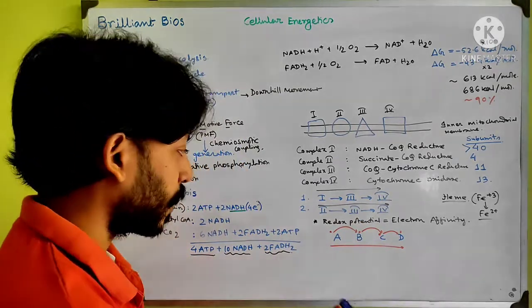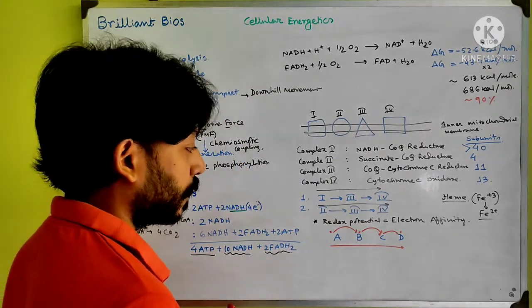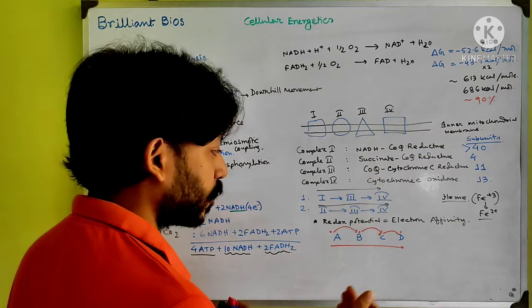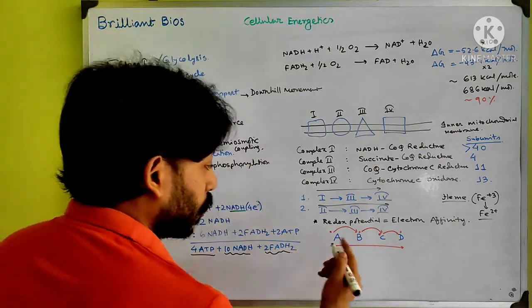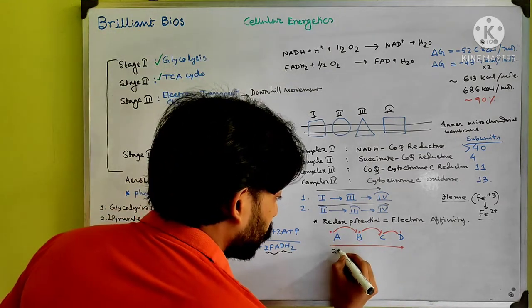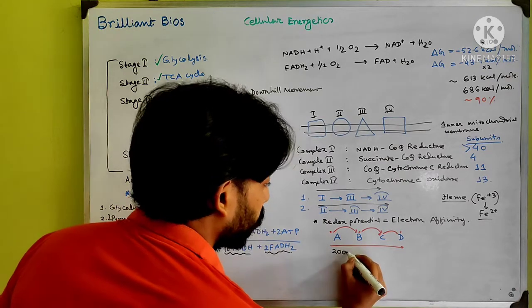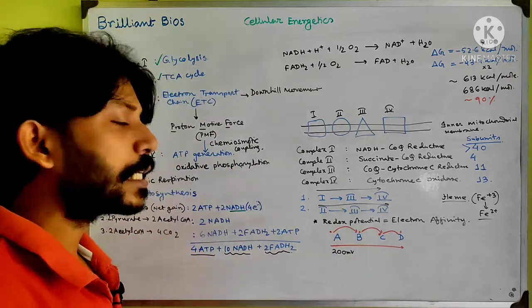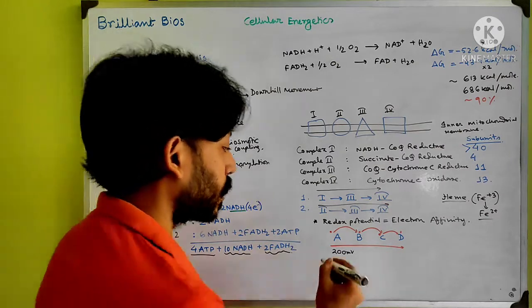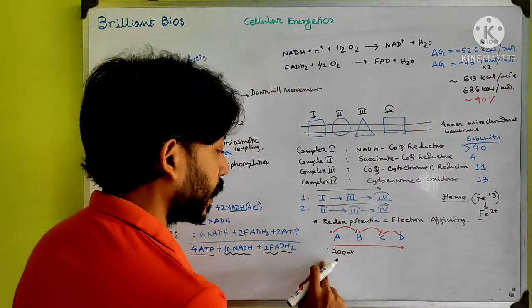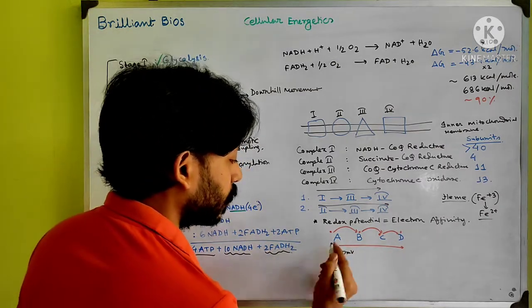What does it mean? I will give you a very easy example so you can understand. Let's suppose the redox potential of molecule A is 200 millivolt. The electron affinity is plus 200 millivolt. It could be minus also, but let's suppose this is plus 200 millivolt.